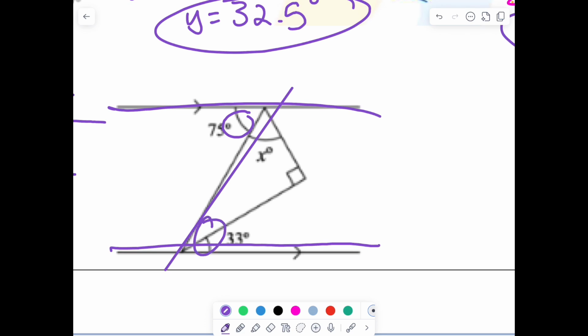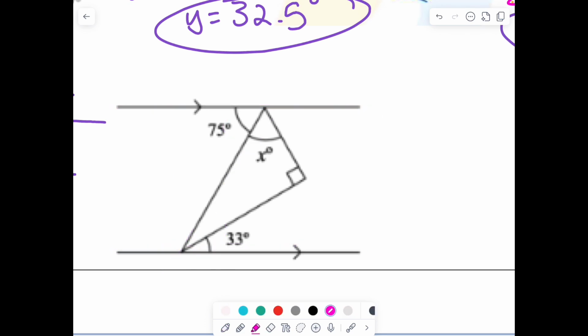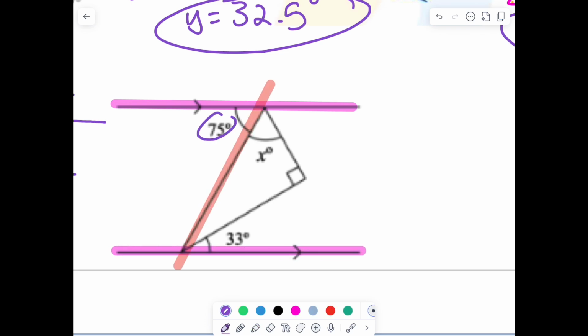These are alternate interior angles. Here, let me use highlighter instead. These are alternate interior angles. So that means this whole thing is 75. So 75 minus the 33 part we have, it leaves us with 42.